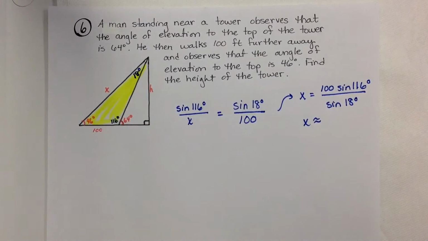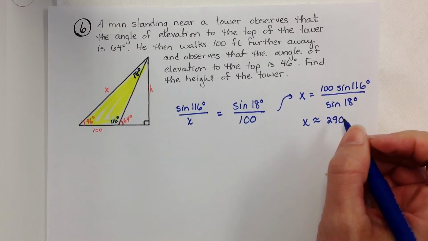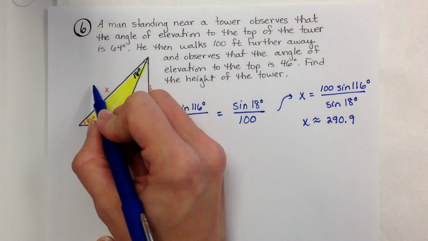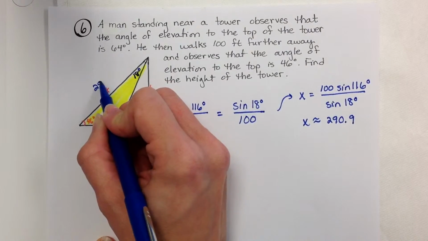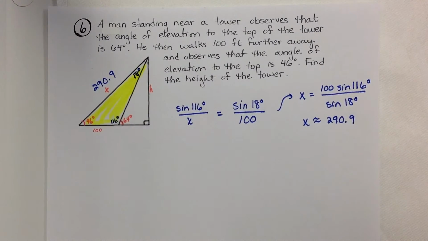Okay, so we'll go to one decimal place. That'll be 290.9. Okay, so I know that this side now is 290.9.